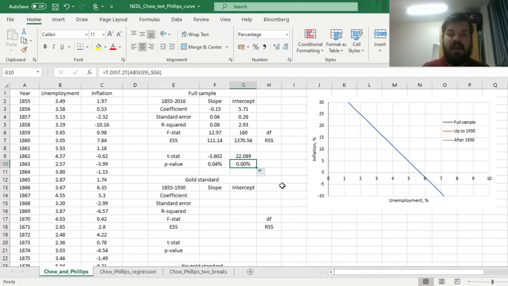is zero. And now we have to determine whether this relationship is the same throughout subsamples. And to do that, one can just select a plausible cutoff point when the relationship could have changed, could have broken down perhaps. And I have selected quite a natural and easy breakpoint, that is 1931, when Britain went off the gold standard.